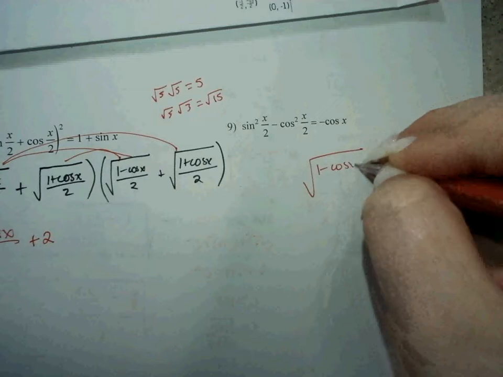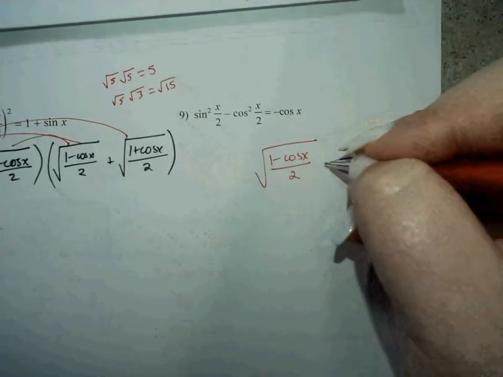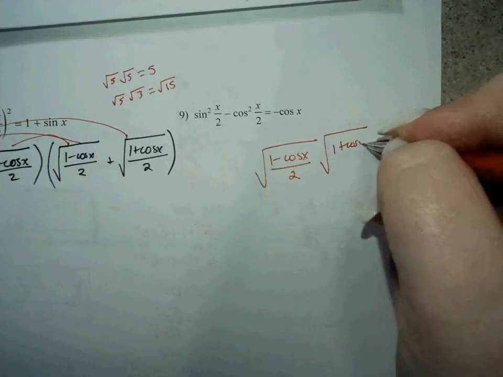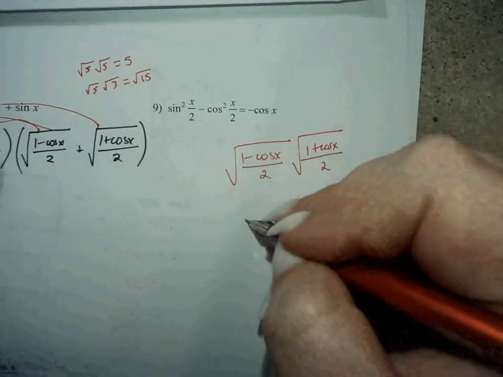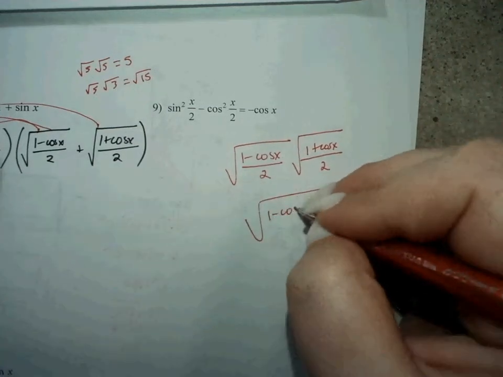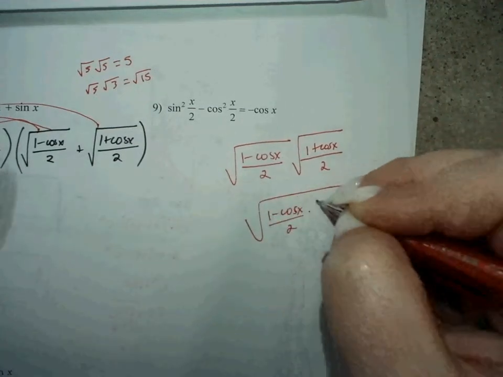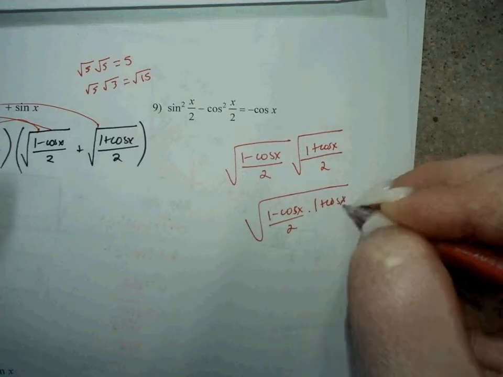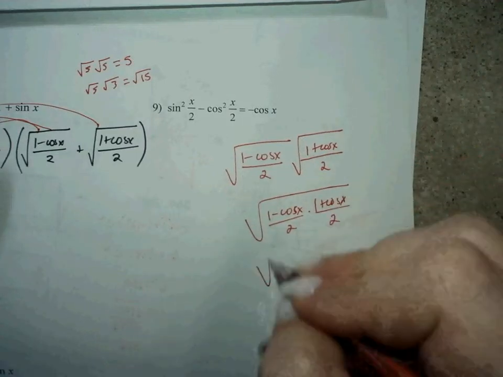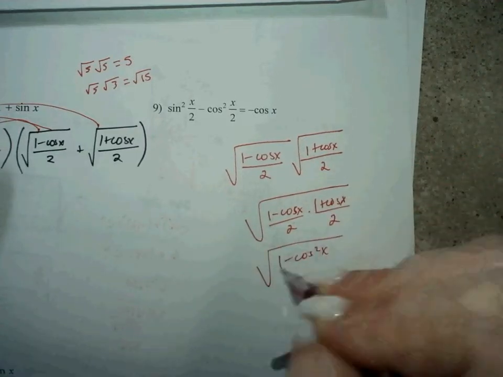So I'm going to explore that over here. If I take the square root of 1 minus cosine of x divided by 2, and I multiply it by the square root of 1 plus cosine of x divided by 2, then that just becomes the square root of 1 minus cosine over 2 times 1 plus cosine over 2.